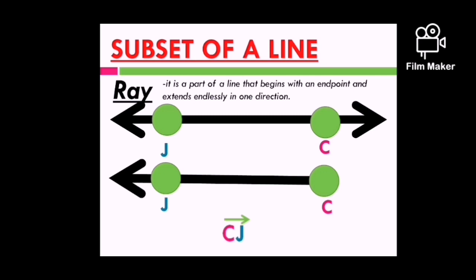The name of the ray cannot be interchanged. It always starts with an endpoint and extends endlessly in one direction. Ray CJ is different from ray JC.